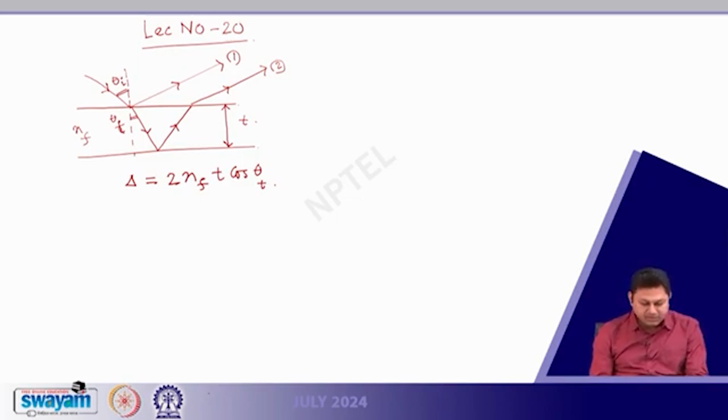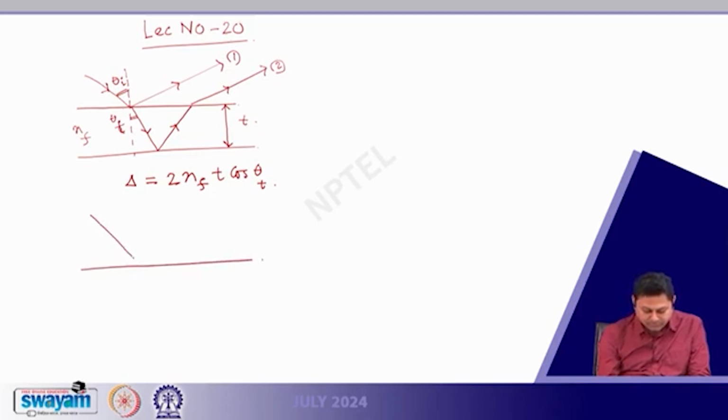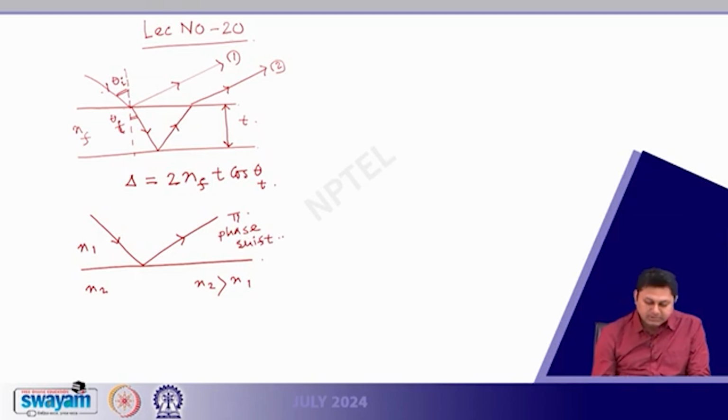Now we also mentioned that due to the reflection from the medium n1 to n2, where n2 is greater than n1, we have an additional pi phase shift. That leads to a path difference of lambda by 2.